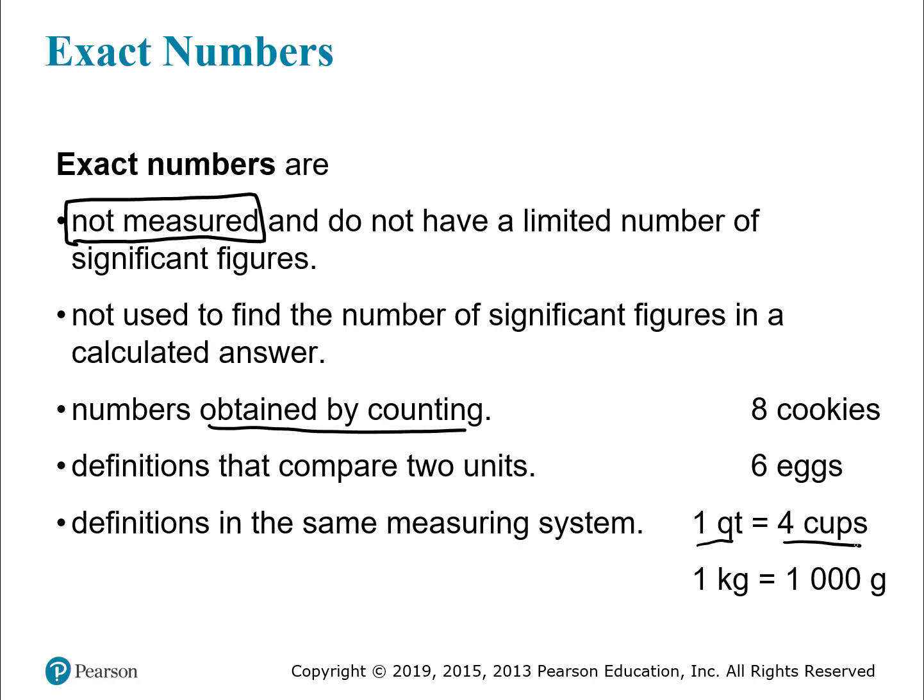Likewise, if we're using the metric system, you can say 1 kilogram is equal to 1,000 grams. That's a definition of a kilogram. So that is exact. We don't use those to figure out how many sig figs to report in a calculated answer. So you'll need to be able to tell the difference between a measured number and an exact number.